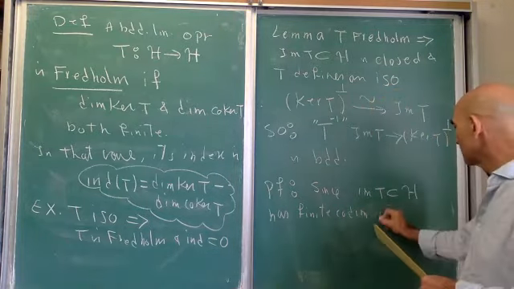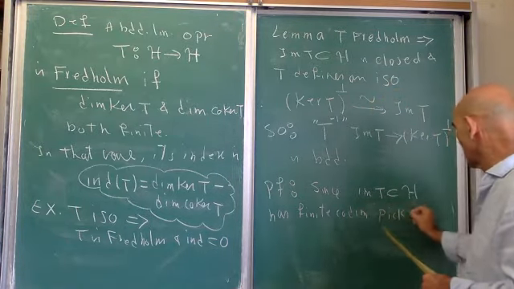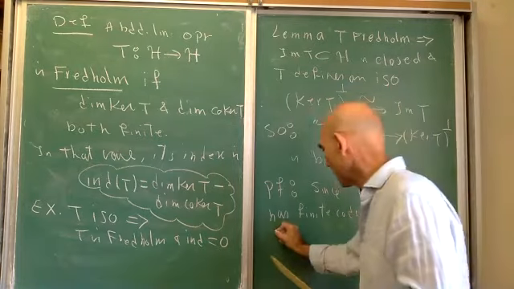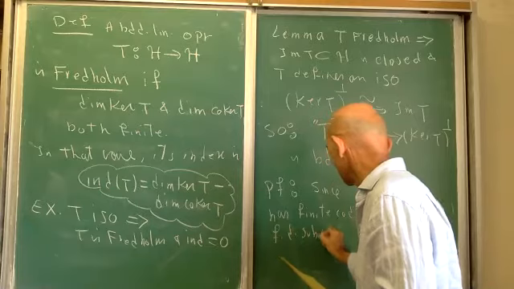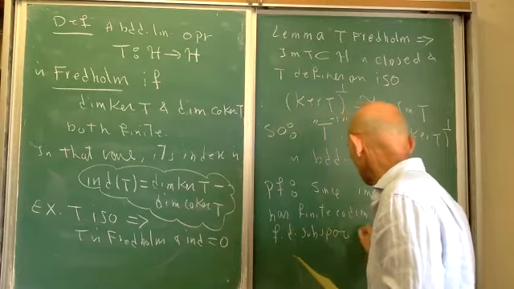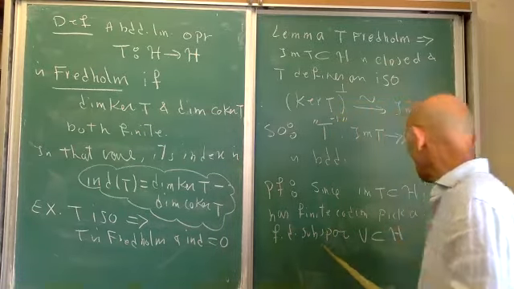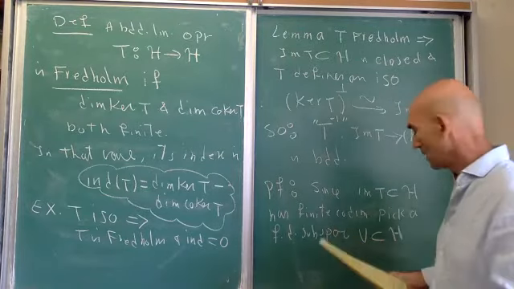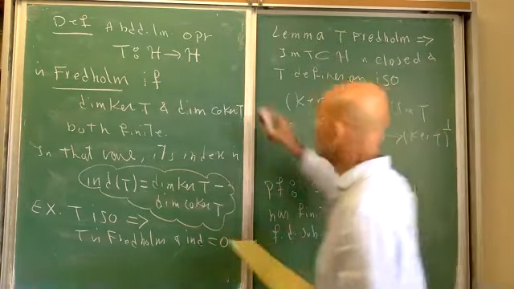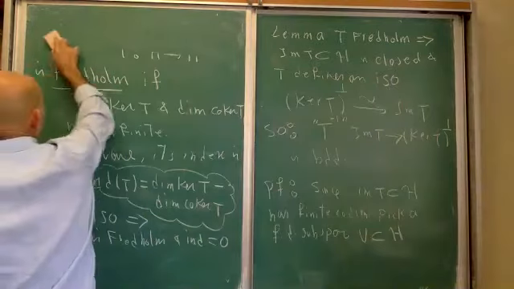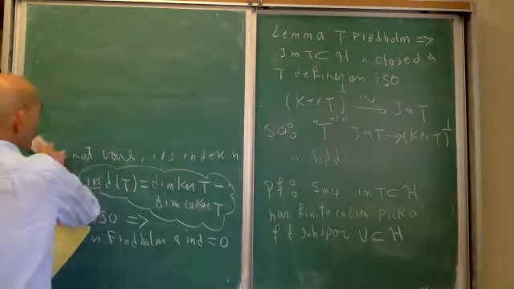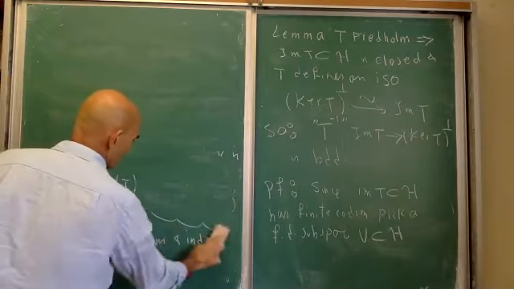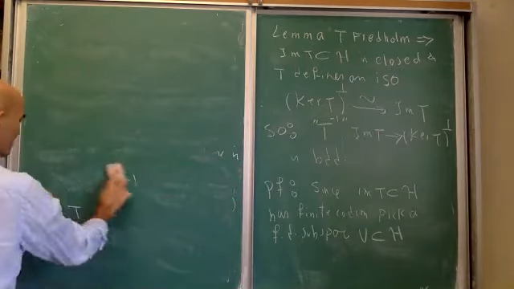We can pick a finite dimensional subspace V such that the image of T plus V is equal to all of H. We just find a complementary subspace, not necessarily orthogonal or anything, just a finite dimensional subspace, right?